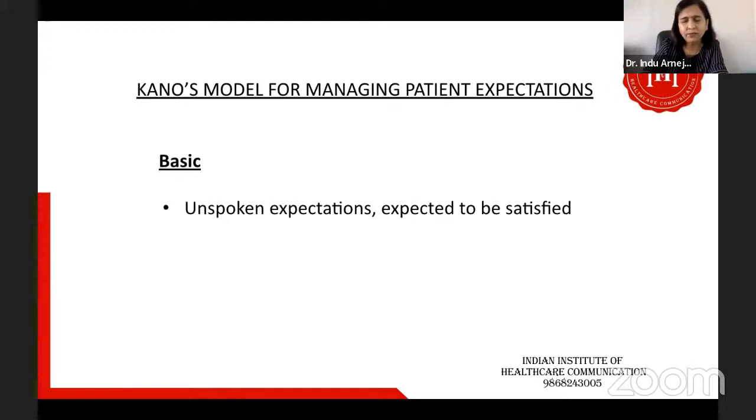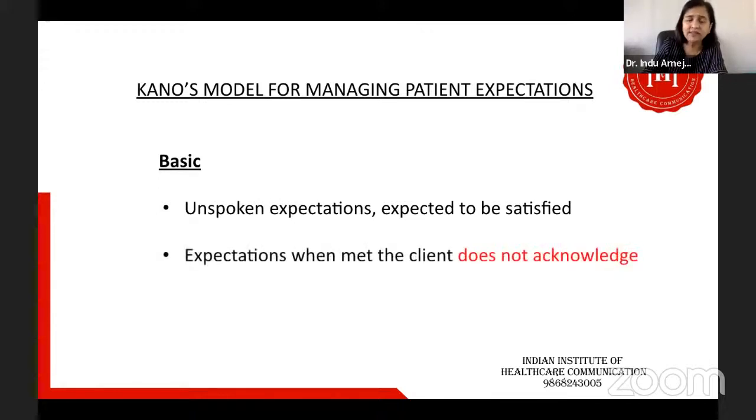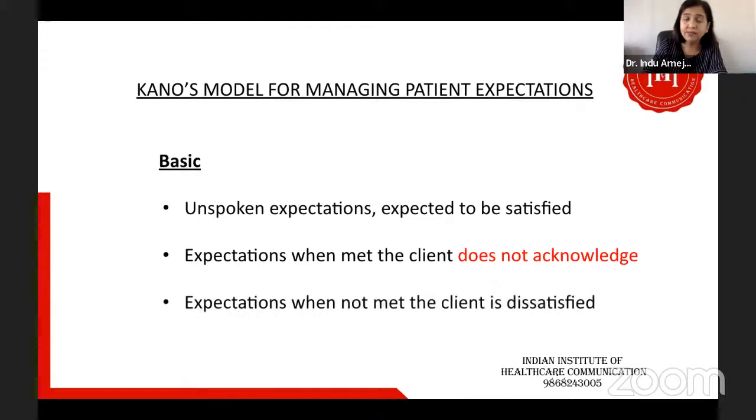Anybody who comes to you for any services would have these expectations, and they would expect them to be satisfied. When these expectations are met, they would not acknowledge it, because that is what they are here for. But when these expectations are not met, the client is dissatisfied.